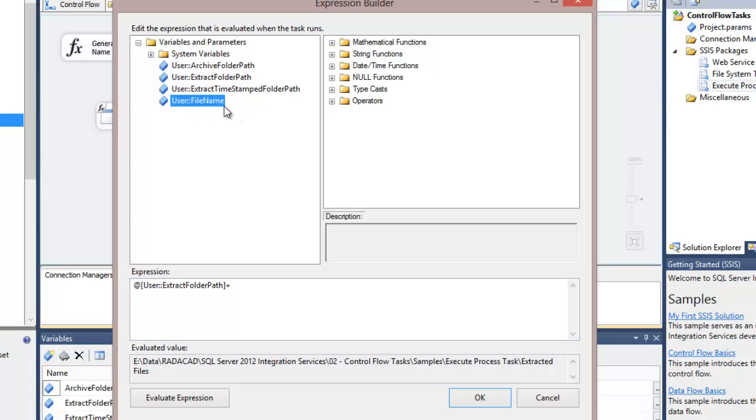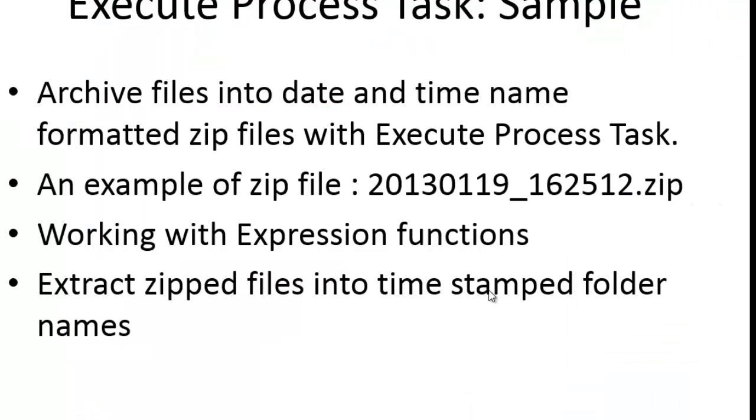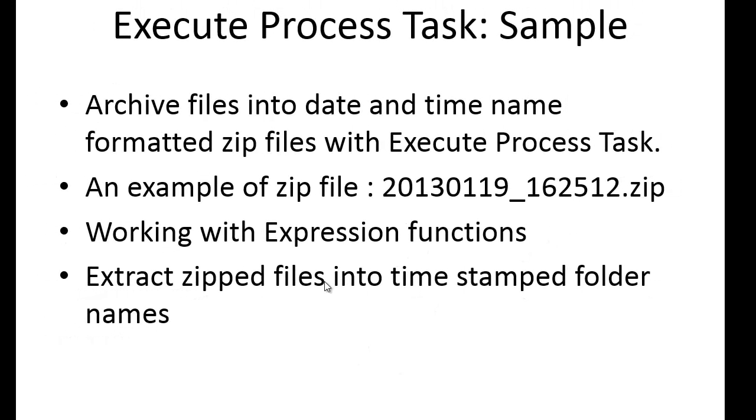You know that file name is stamped, so I use the same file name here. When I run this, you will see nothing at the end of this because file name is not generated yet. But as you see, the file name has a .zip on it, and we want to remove that .zip and create a folder based on only this part of the variable.